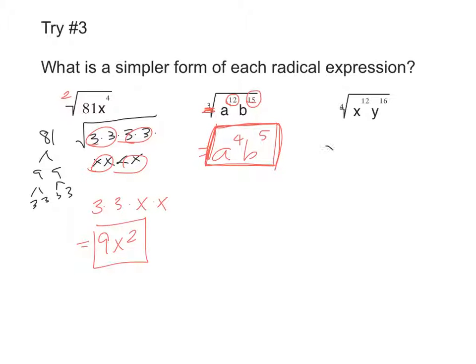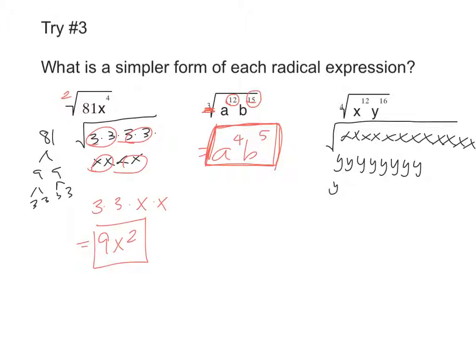Okay, and the last one, just to prove to you what I meant, there are 12 x's, so 1, 2, 3, 4, and 16 y's. Okay, these are in 4s.